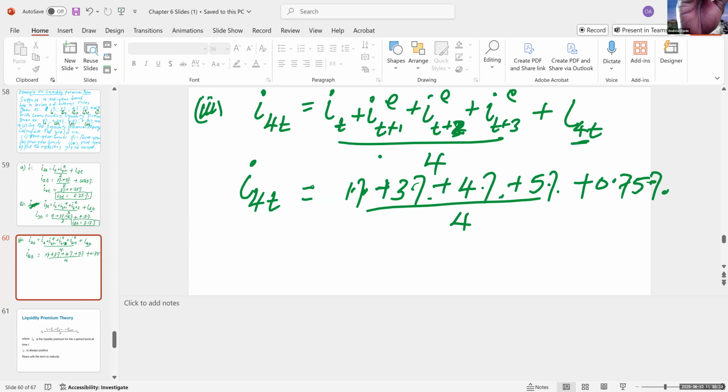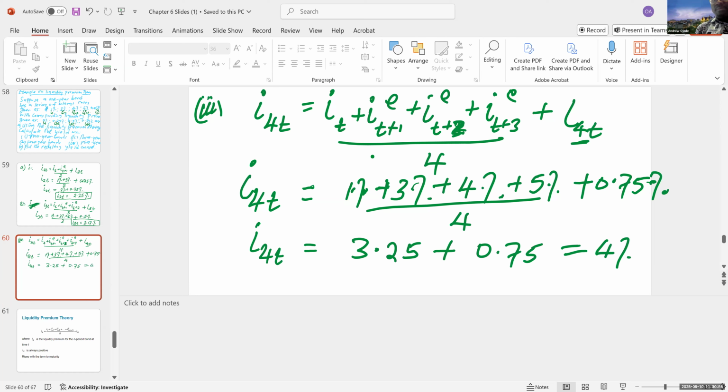So your I4T is going to be 1 plus 3 plus 4 is 8, 8 plus 5 is 13, 13 divided by 4 is 3.25. Then you add this to the 0.75. So that's going to be 4%. So your I4T is 4%.